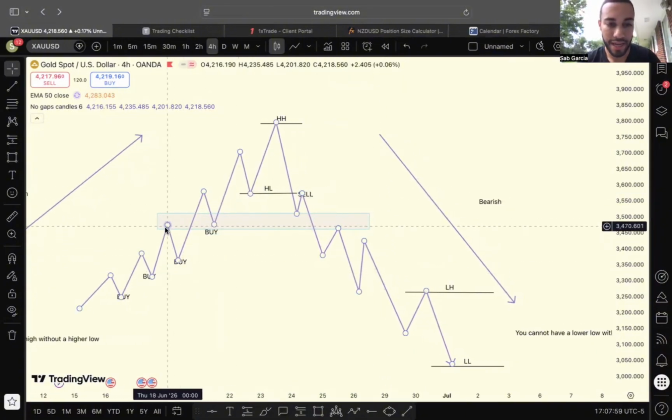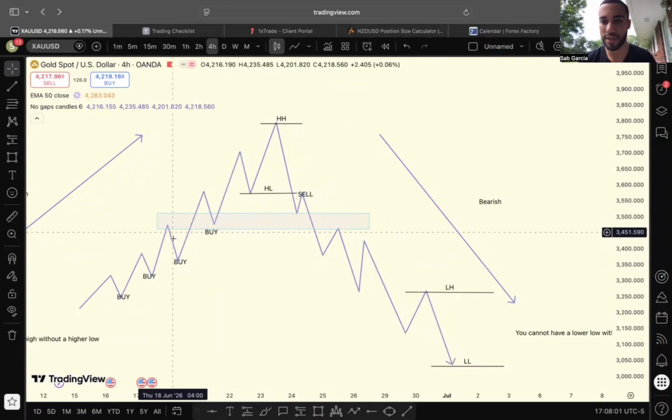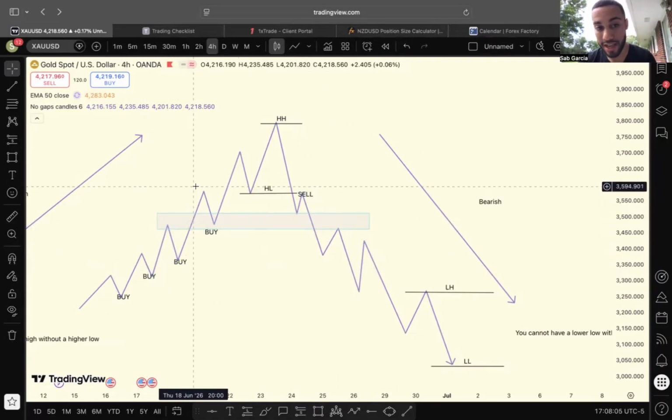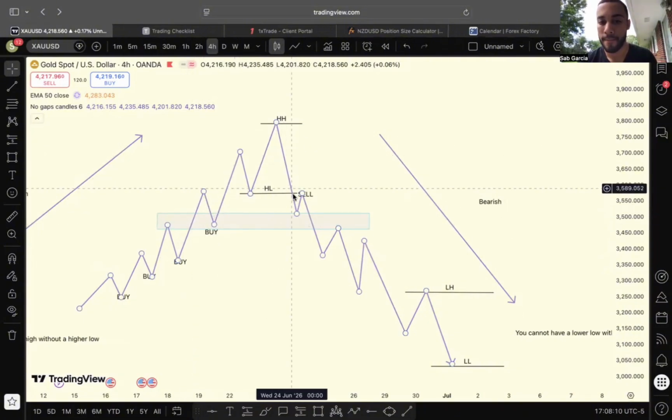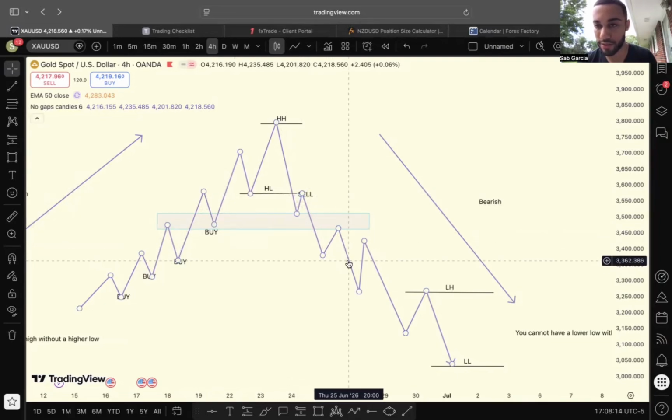So for example, in this case, this is resistance because market tried to push, but then it got sent down, then it broke, and now it used it as support to bounce up, right? It used it as support to bounce up, it broke, then it used it as resistance. So you want to buy at support levels and you want to sell at resistance levels.